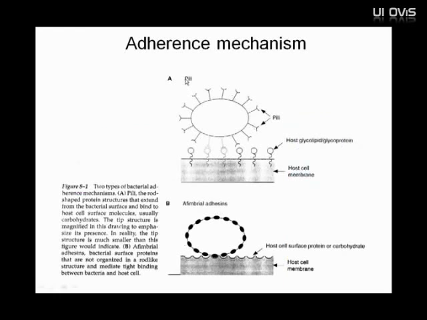They are pili. This is the rod-shaped protein structure that extends from the bacterial surface and binds to host cell surface molecules. The second one is the afimbrial adhesins. These are bacterial surface proteins that are not organized in a rod-like structure and mediate tight binding between bacteria and host.